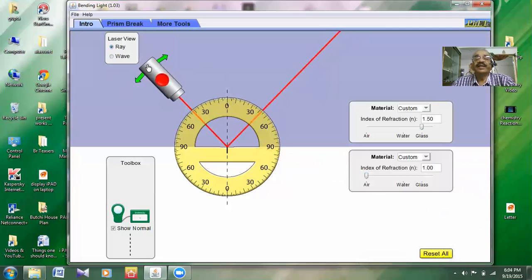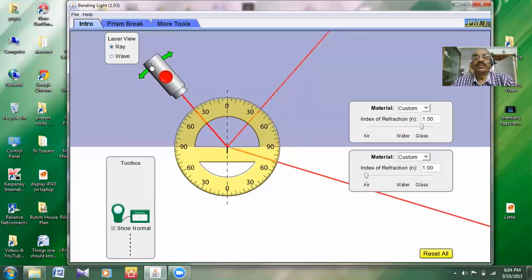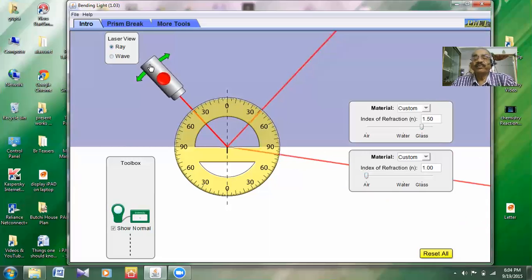Now it is difficult to use this to measure the critical angle because it is not so sophisticatedly made. If the angle of incidence is more than the critical angle, it gets reflected. Now let us see the intensity.